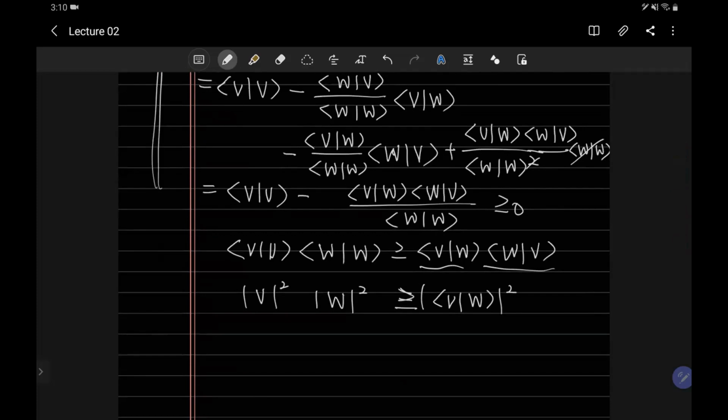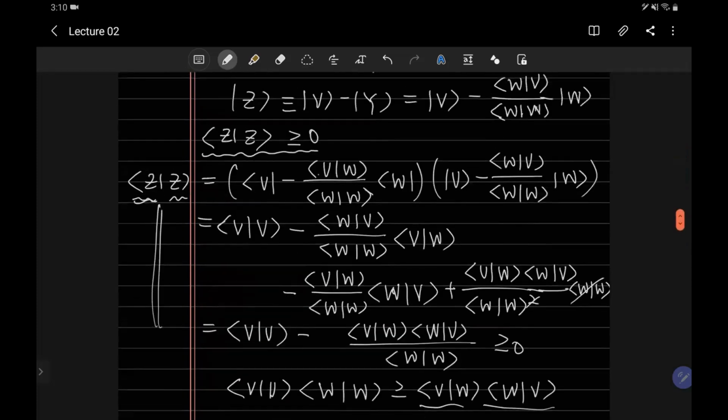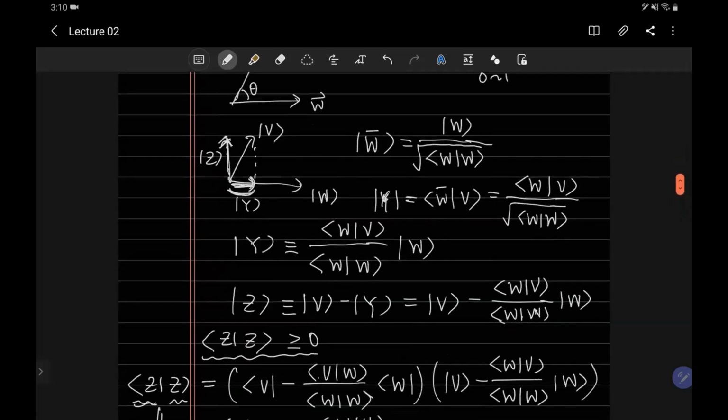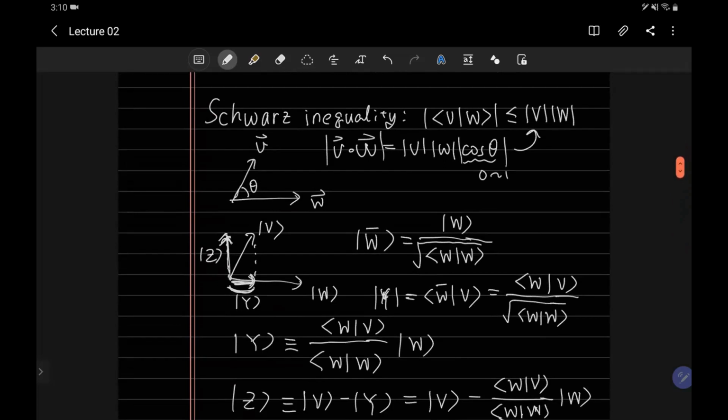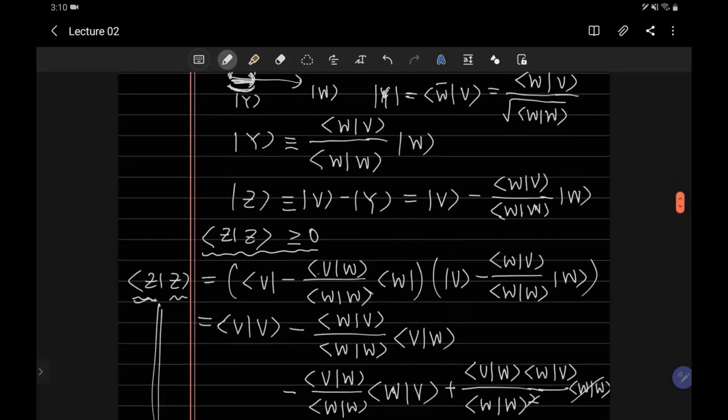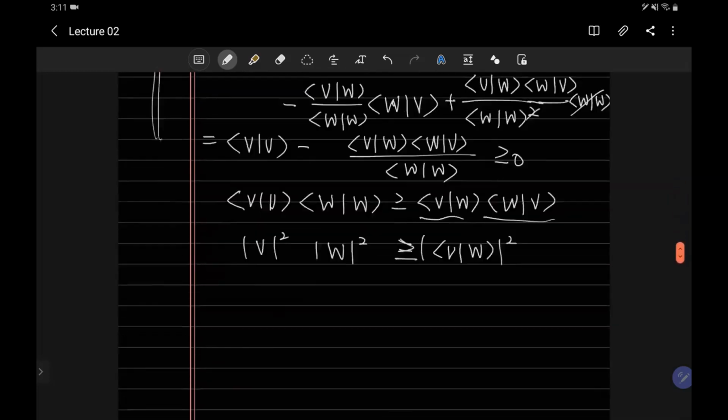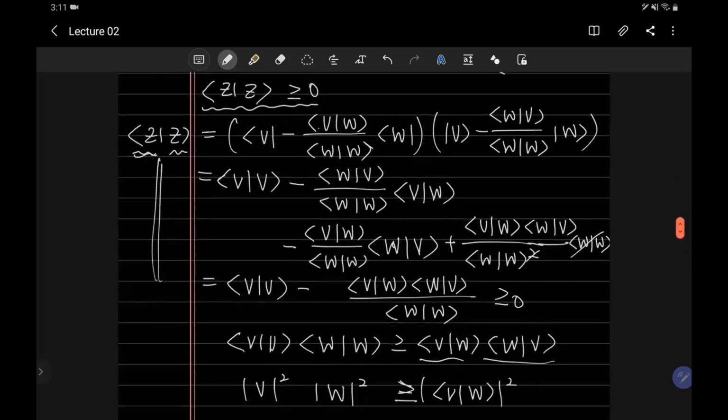So I intentionally showed you how to derive this Schwarz inequality using abstract linear algebra, and then using the bra and ket notation. It is a little bit lengthy, but you can always reduce some of the middle steps.